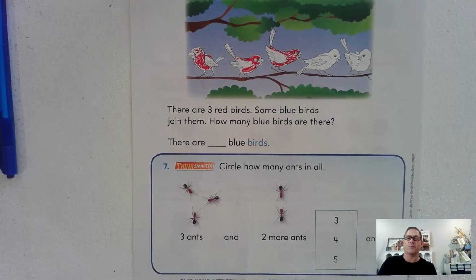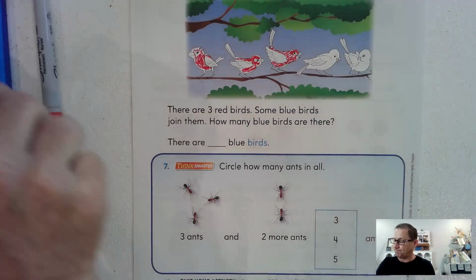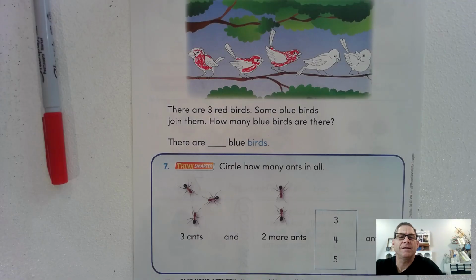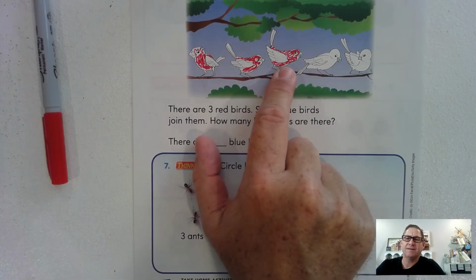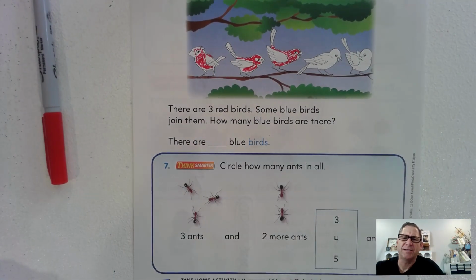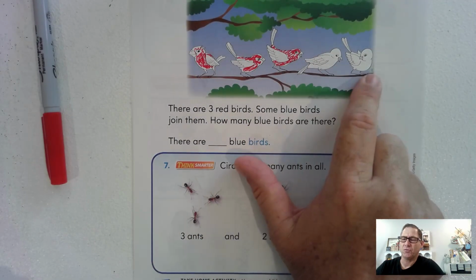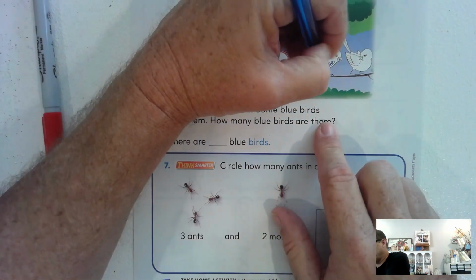Okay, so we have 3 red birds and some blue birds. 3 red birds and some blue birds. How many blue birds are there? Well, if there's only 3 red, these must be blue, right? So go ahead and color those blue.